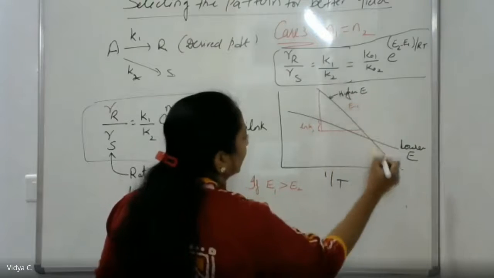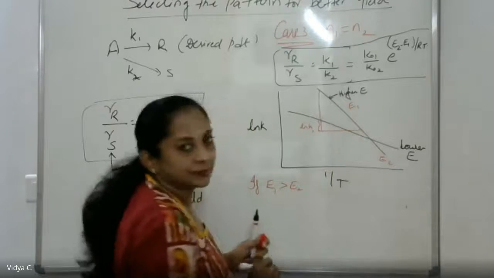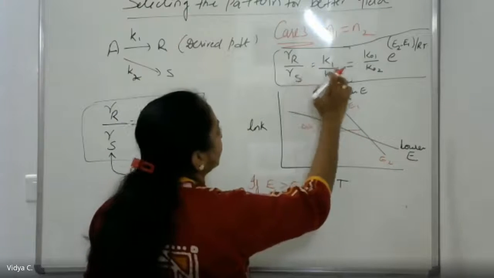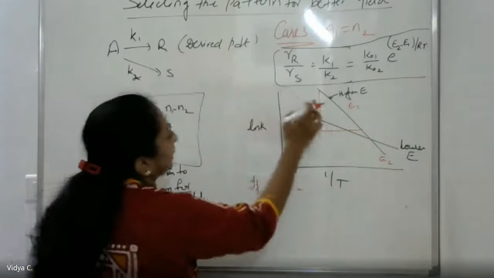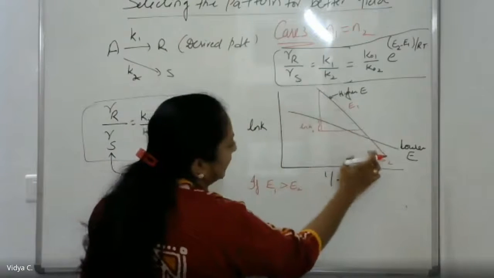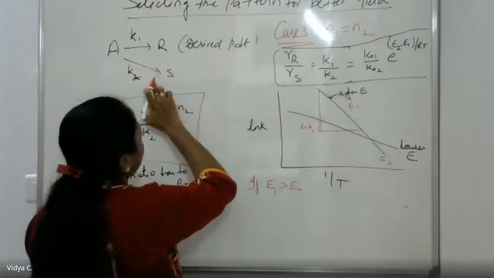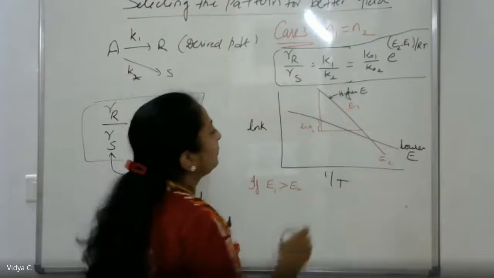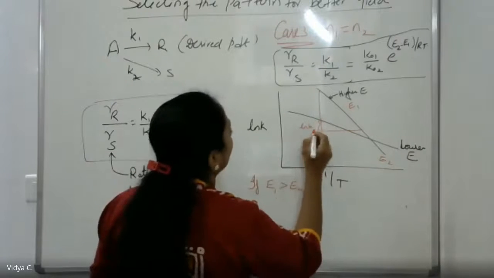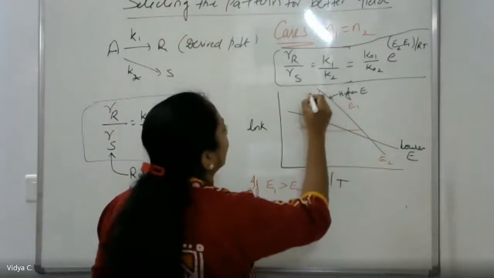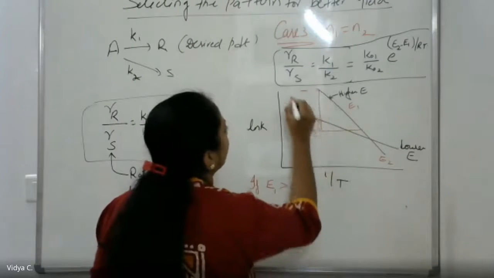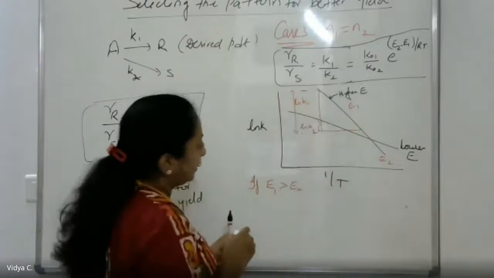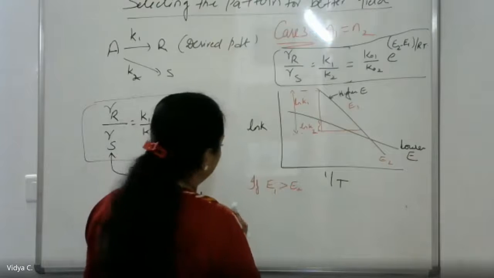E1 greater than E2 means the activation energy of the first reaction is higher, then for the first reaction, this is the nature. If the activation energy of the second is lower, this will be the nature for the lower activation energy. So now I can call this ln K2 and this part ln K1. So here I have shown E1 is greater than E2.